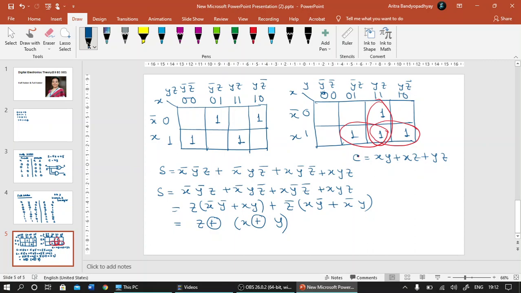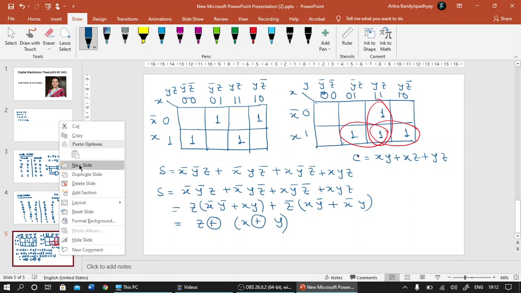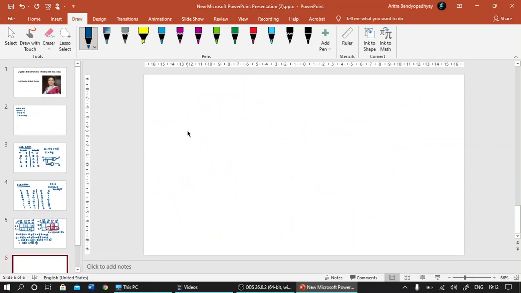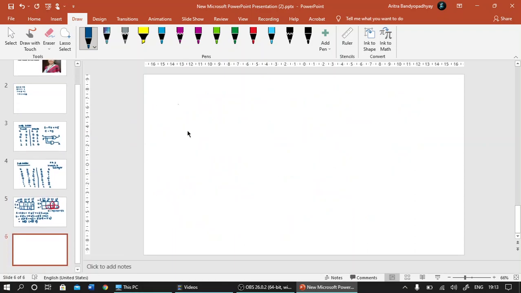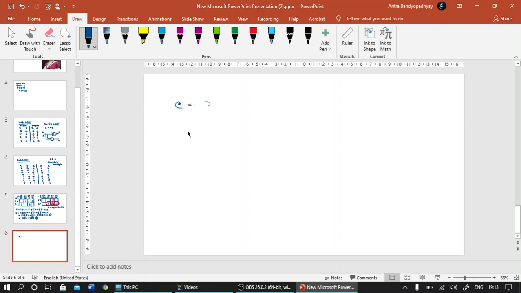For carry, if we simplify this expression for C, the expression is xy plus yz plus xz.